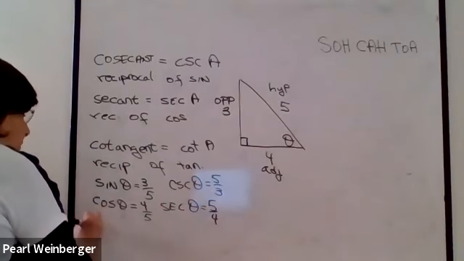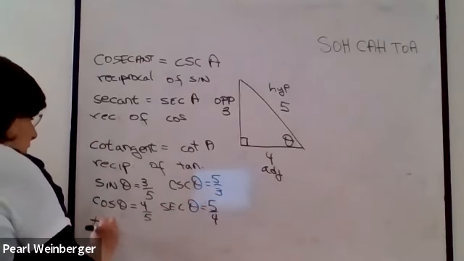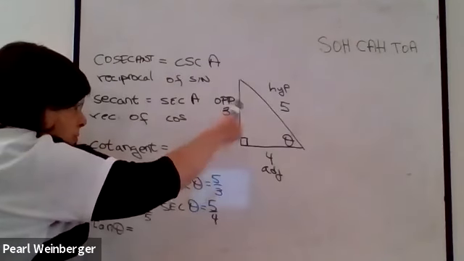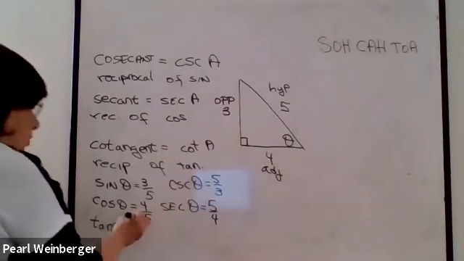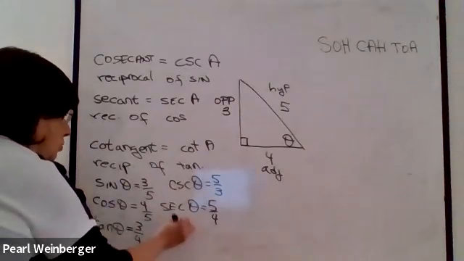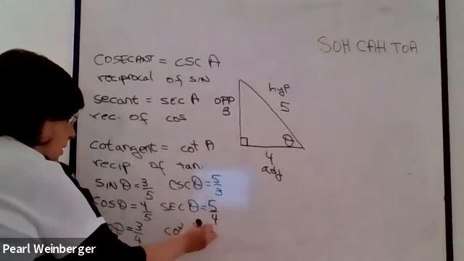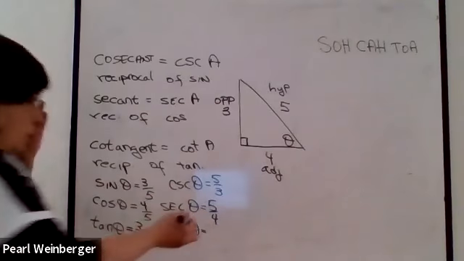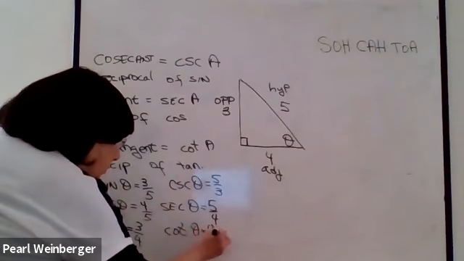And we know that the tangent of theta for our triangle would have to be opposite over adjacent. That's TOA, 3 over 4. So the cotangent of theta turns out to be the reciprocal of that, which is 4 over 3.